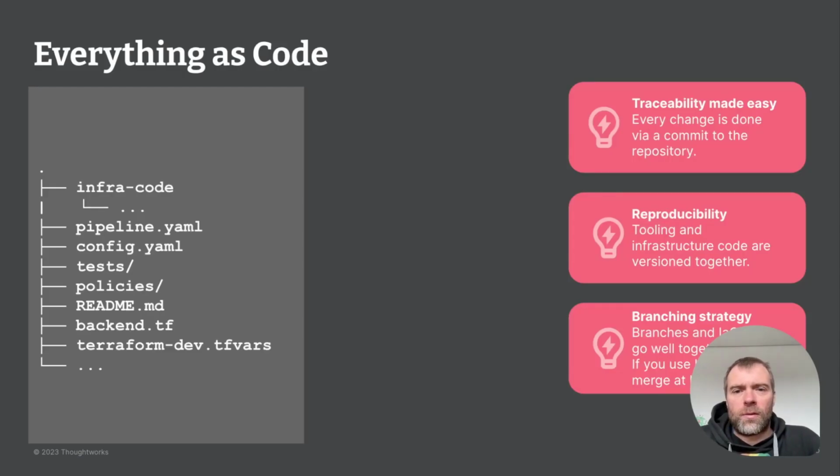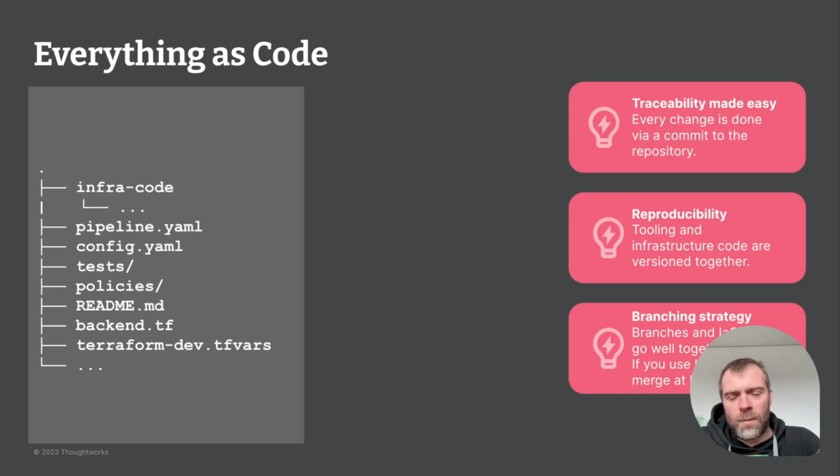So after we agreed upon those principles, we can jump into the implementation. And first of all, look again at what this everything as code really means. So this folder structure that you see on the left is just a prototypical structure of an infrastructure repository.